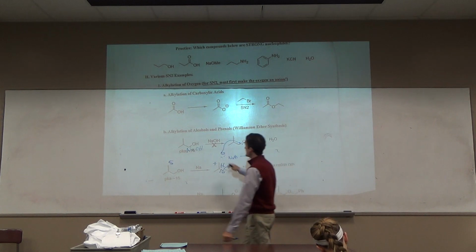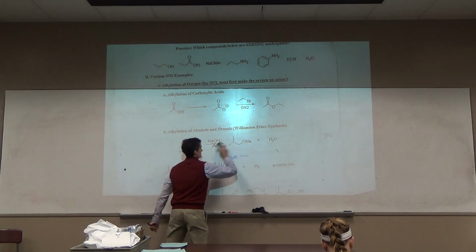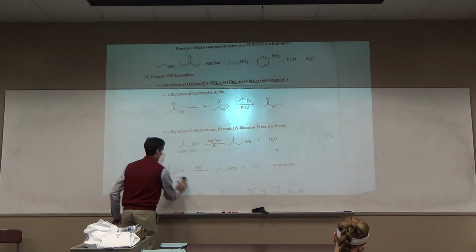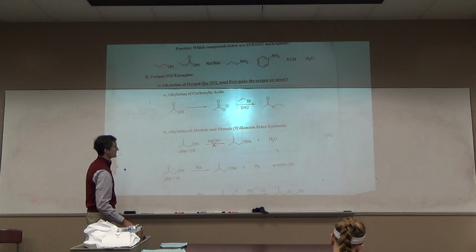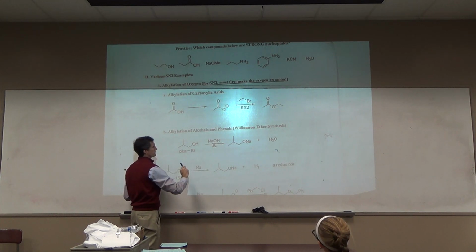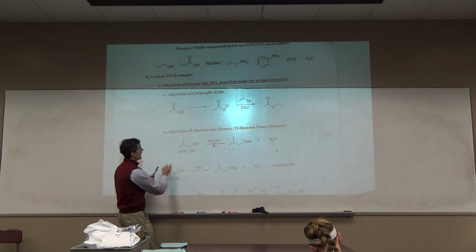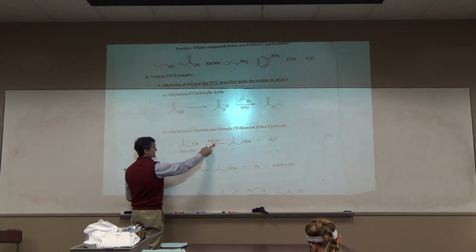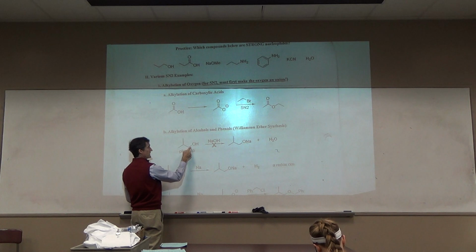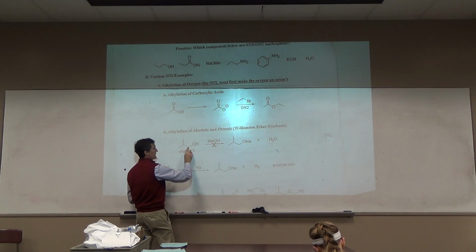Next, alkylation of alcohols and phenols. Sodium hydroxide happens to be the same base you suggested for above. Can we use sodium hydroxide to deprotonate this? Because that's not a good nucleophile. Will this reaction work?